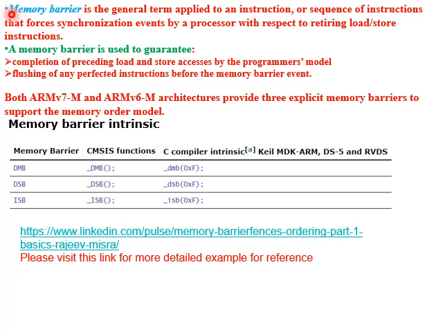Now the term memory barrier is a general term applied to an instruction or sequence of instructions that forces synchronization or proper communication between the events by a processor with respect to the load and store values. Along with that, the memory barrier also guarantees completion of preceding load and store accesses by the programmer's model.